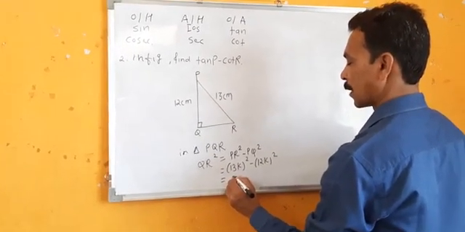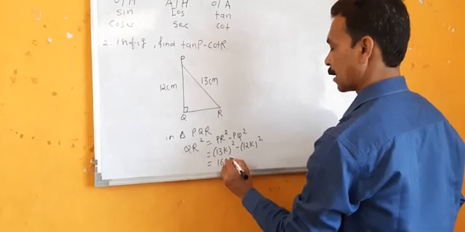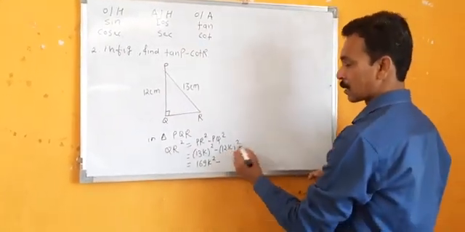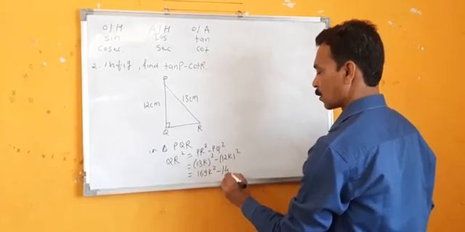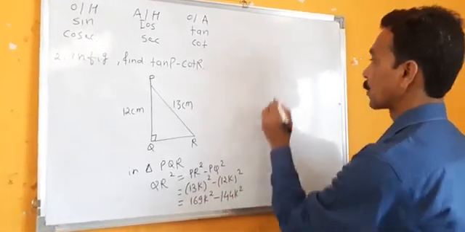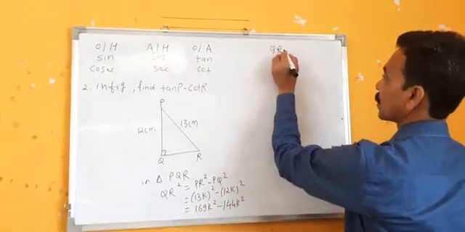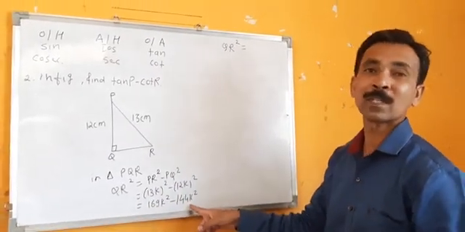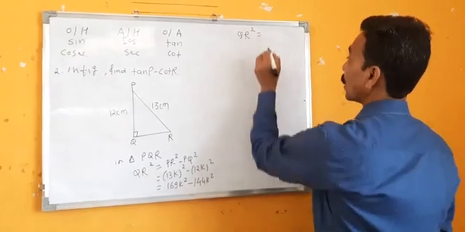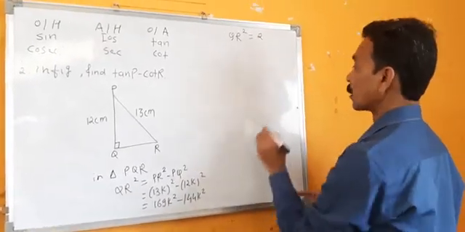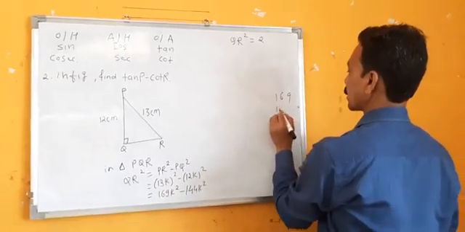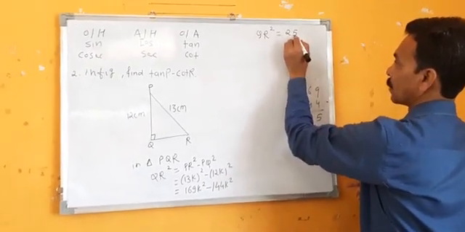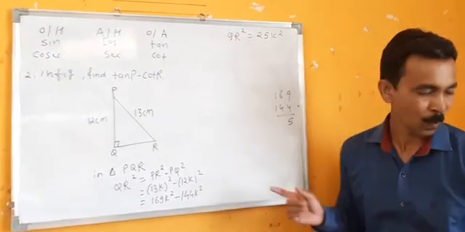13 square is 169 K square minus 12K square is 144 K square. So QR square is equal to 169 K square minus 144 K square is, let's see, 169 minus 144, 9 minus 4, 5. So it is 25 K square.